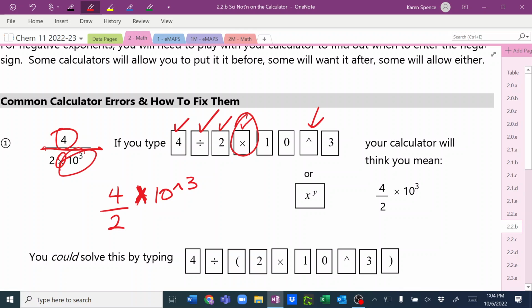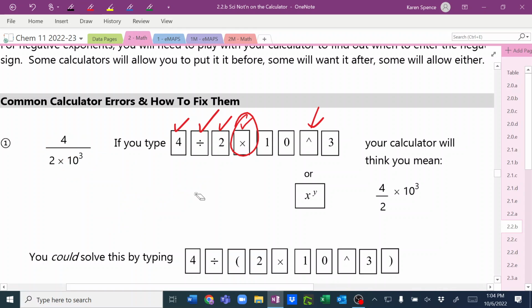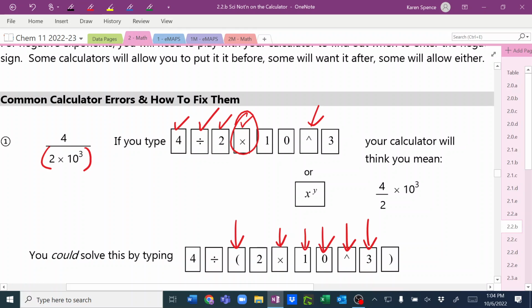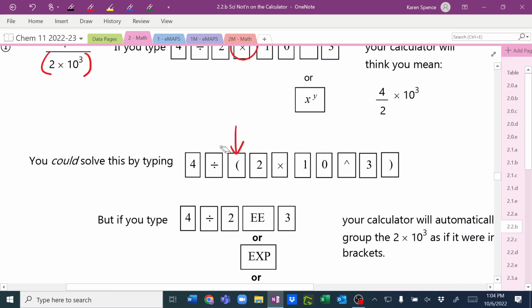You could fix that mistake if you wanted to by also putting brackets around that and using the times 10 caret 3, right? Bracket. Yes? However, let's compare. This does the bracketing for you. That says 2 times 10 to the 3.